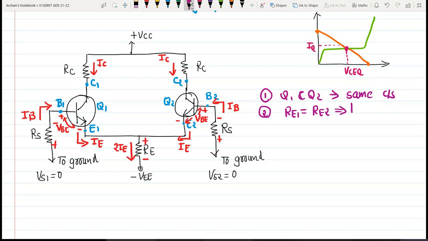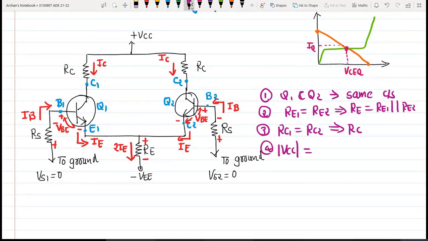So RE will be RE1 parallel RE2, we have already seen this. Then the collector resistances RC1 and RC2 are same, and equal to RC. Also the magnitude of supply voltage VCC is equal to VEE, and both are measured with respect to ground.